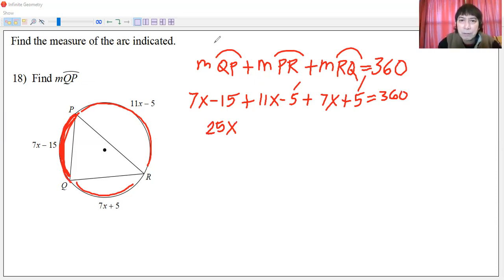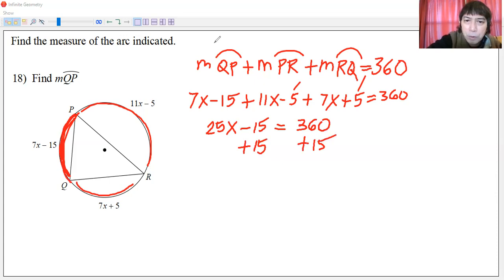We will only have the minus 15. The right side is just 360. So we proceed by addition. Add 15 to both sides. This will now be 25x equals 375.